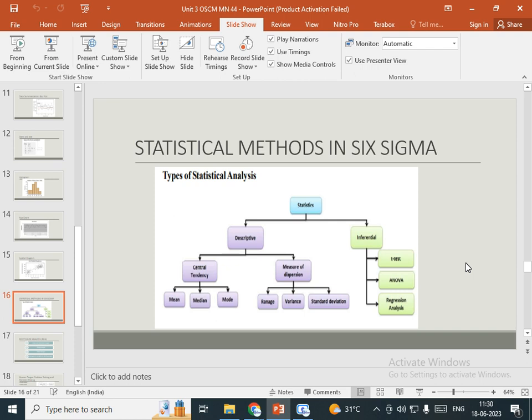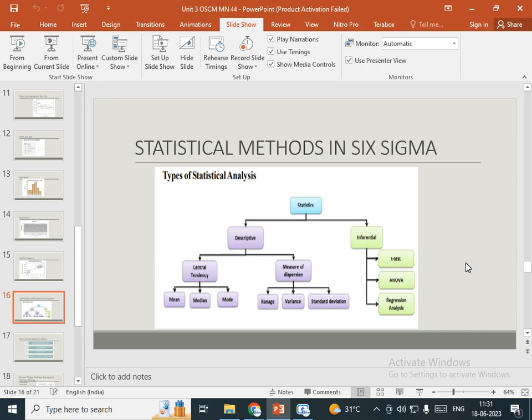If there are three terms, 10, 20, and 30, the middle is 20, so the median here will also be 20. And if there are an even number of values like 10, 20, 30, and 40, then the median will be the average of the two in between, that is 20 and 30, so the median will be 25.